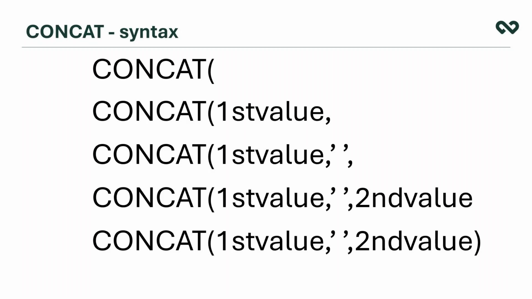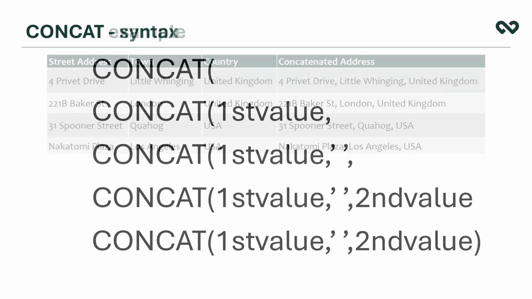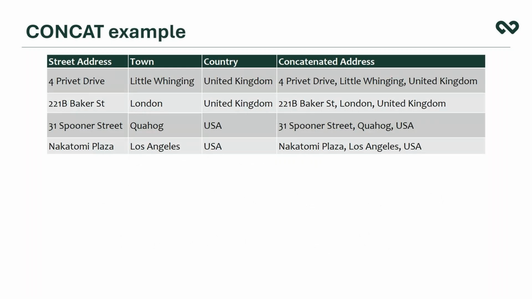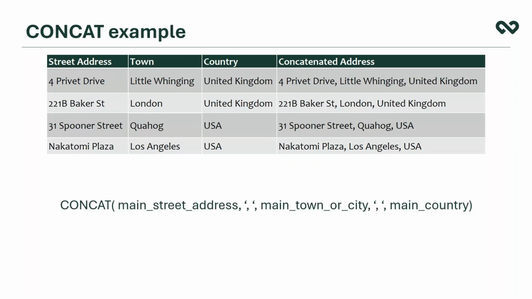Now that you've seen what the formula looks like, if I go back to the example I had earlier about the addresses, the formula that I would use for this would look like this. As you can see, I've got 3 values in here, and for my separator, I have both a comma and a space, just making sure that they're all within the quotation marks.